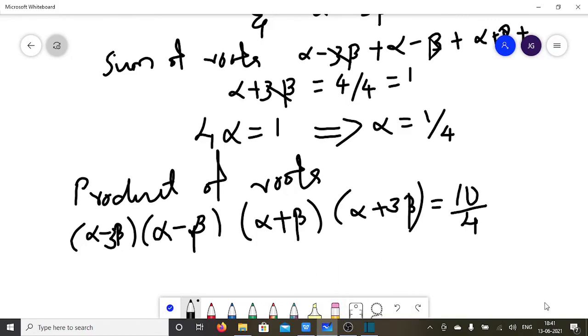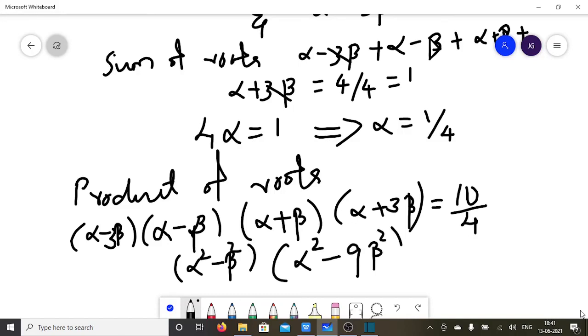We can take the terms alpha minus beta and alpha plus beta together. Then this becomes alpha square minus beta square, and (alpha minus 3 beta)(alpha plus 3 beta) becomes alpha square minus 9 beta square, which is equal to 10 by 4.